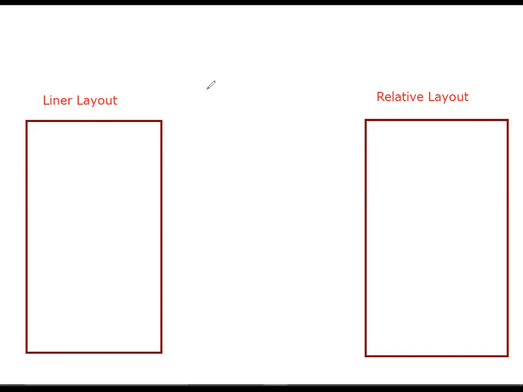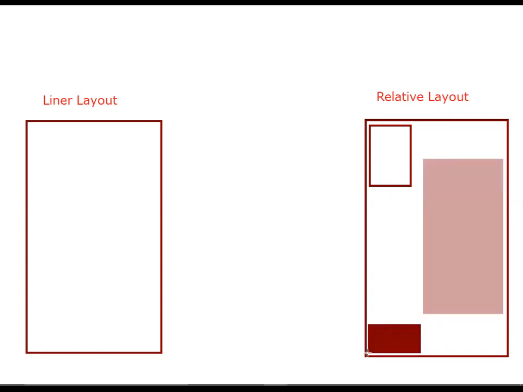What about relative layout? With relative layouts, you have an image view over here, and you have the text view over here, and another image over here. Do you see? You're spreading them around the screen. So that's relative layout.